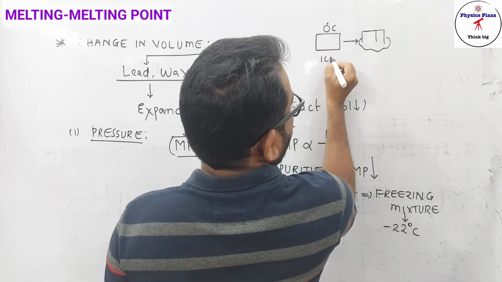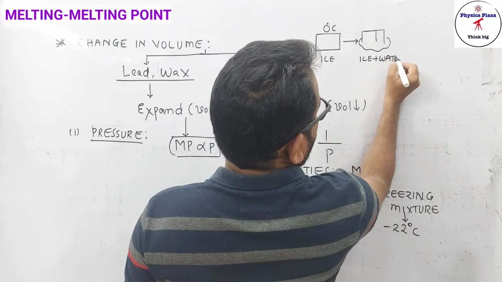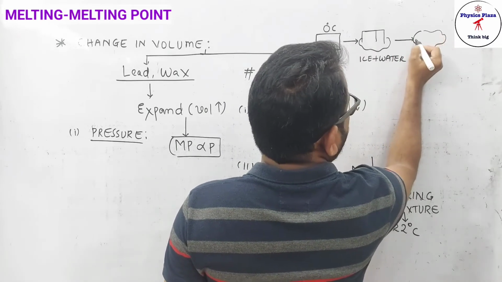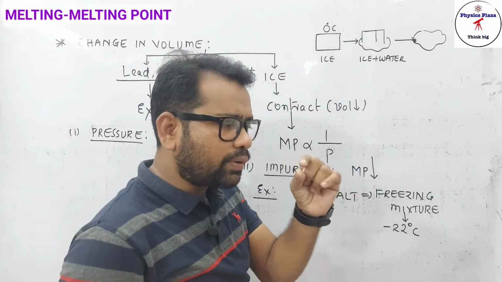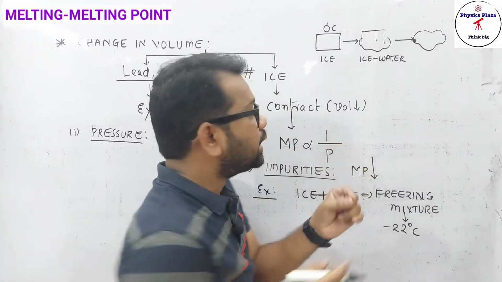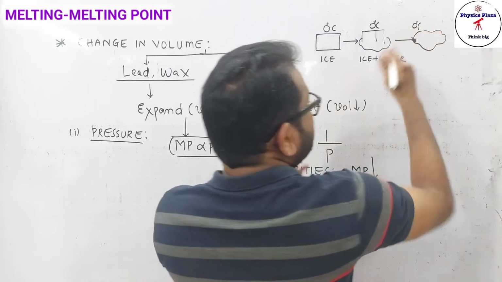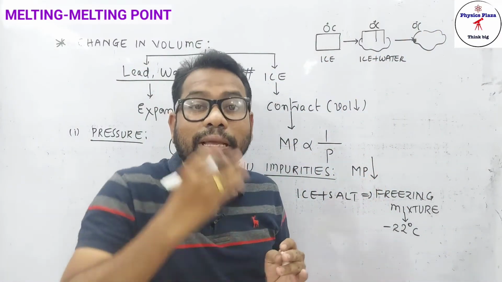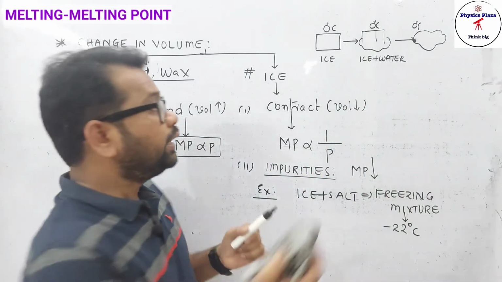Then you will form water. Till the whole ice melts, till even a small piece of ice is just about to melt, the temperature remains the same. Once the whole ice is converted into water, and you are still heating, then the temperature starts increasing. Now, how will the heating curve look?